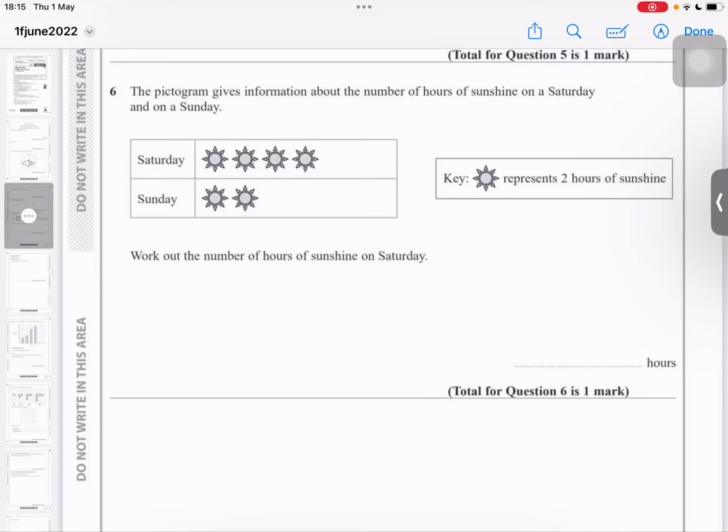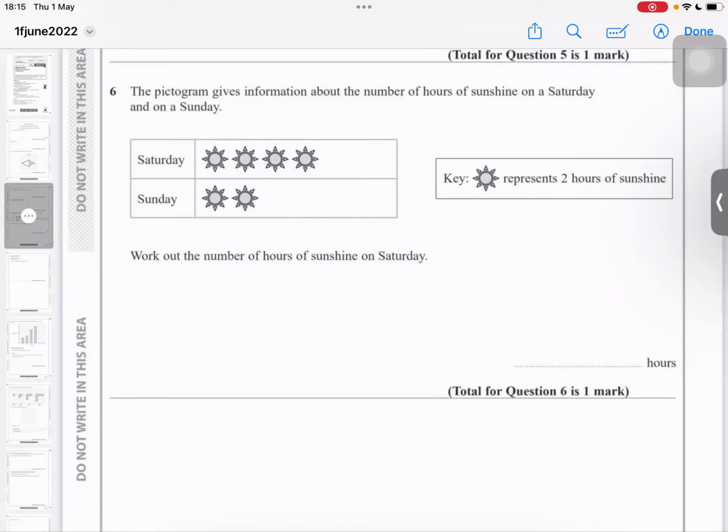The question is this: work out the number of hours of sunshine on Saturday. Saturday has 4 of those sunshine icons, right? So 4 times 2, because each of them is 2 hours of sunshine. That will give us 8 hours of sunshine.